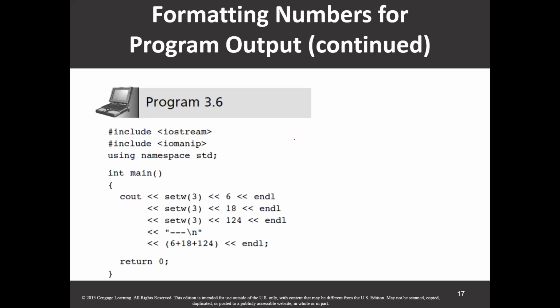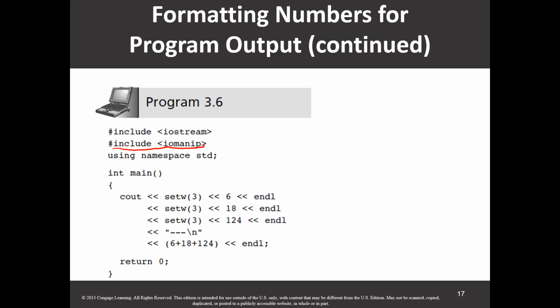Here it is. This is the new header file that we have to use in order to be able to use the methods of formatting numbers. It's called iomanip, which is short for input output manipulator.